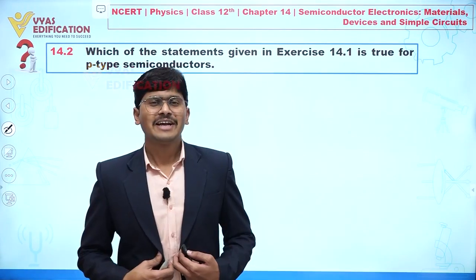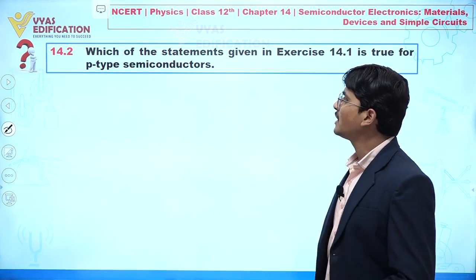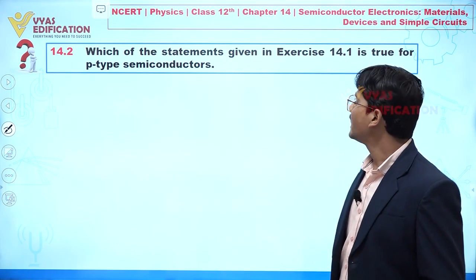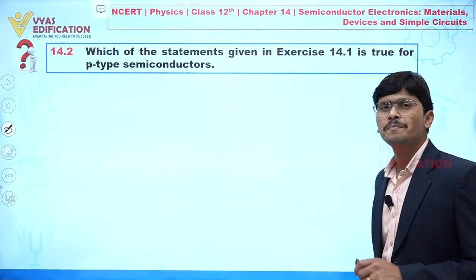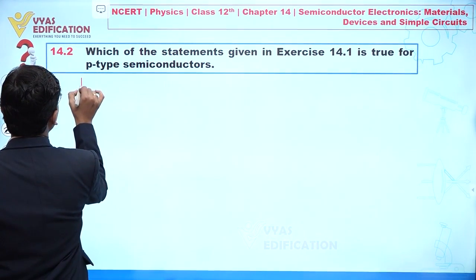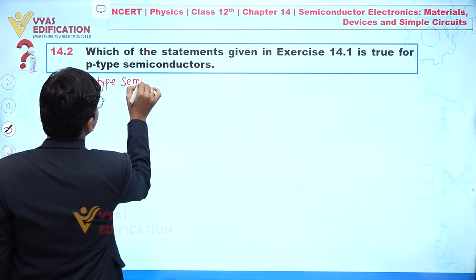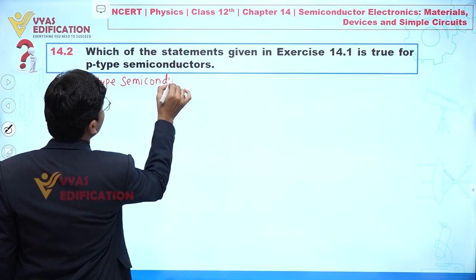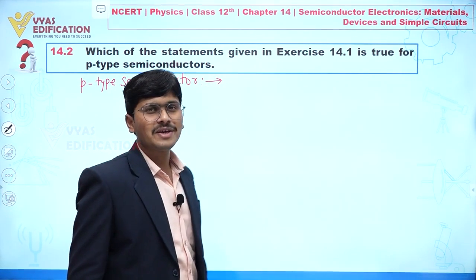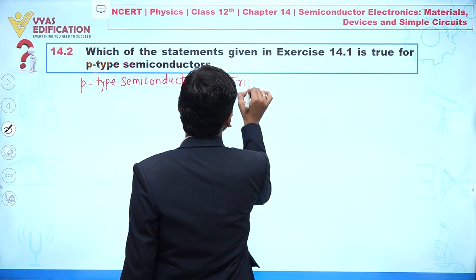Clear to everyone? Now we are going to discuss question number 14.2, and in this question it is asking you which of the statements given in exercise 14.1 is true for a P-type of semiconductor. Clear? So let us try to understand. If we talk about a P-type of semiconductor, we have a trivalent dopant. Clear?